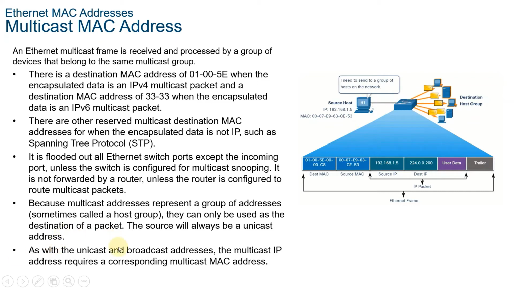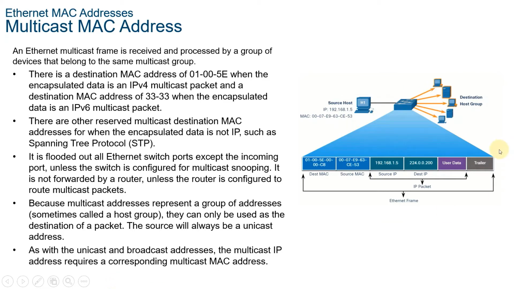As with the unicast and broadcast addresses, the multicast IP address requires a corresponding multicast MAC address to deliver frames on the local network. The multicast MAC address is associated with and uses addressing information from the IPv4 or IPv6 multicast address.